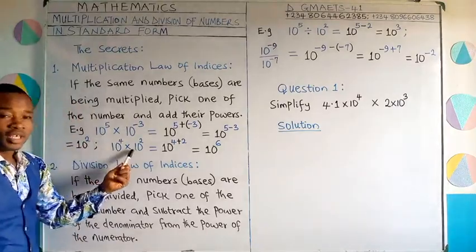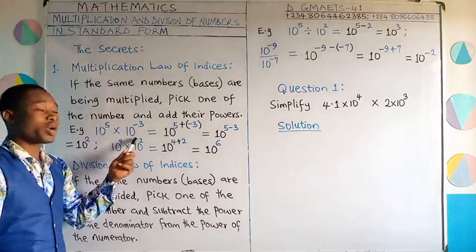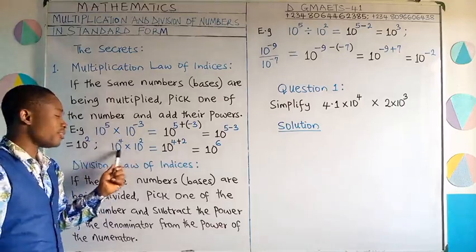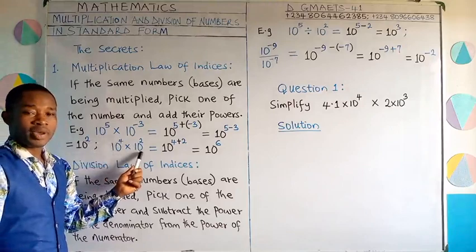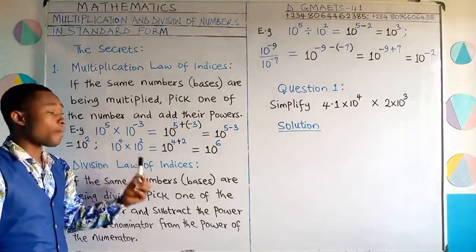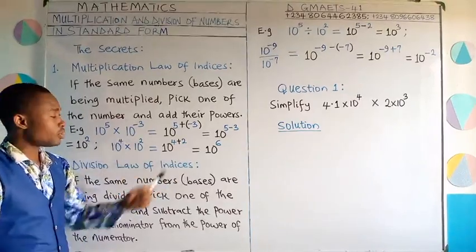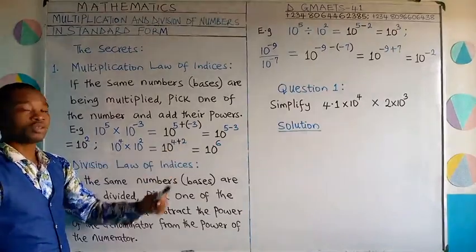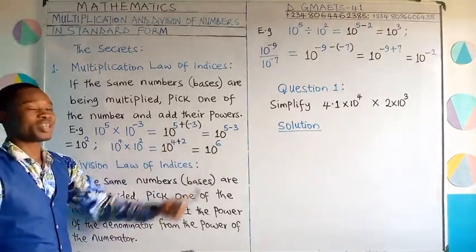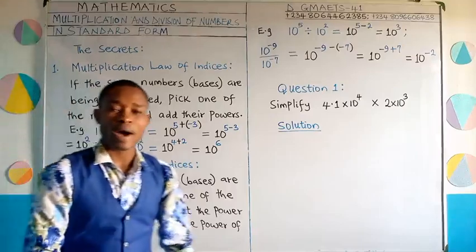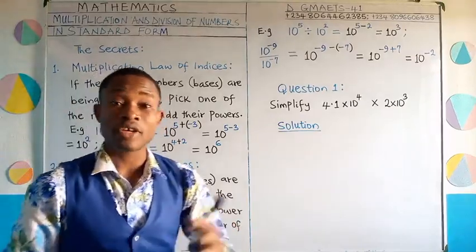Now look at this one. 10 raised to the power 4 times 10 raised to the power 2. Again, you are multiplying these terms. The bases are the same, the numbers are the same. So pick one of the 10s and then add the powers 4 and 2. So this is 10 raised to the power 4 plus 2, which of course will give us 10 raised to the power 6. So that is all about the multiplication law of indices.